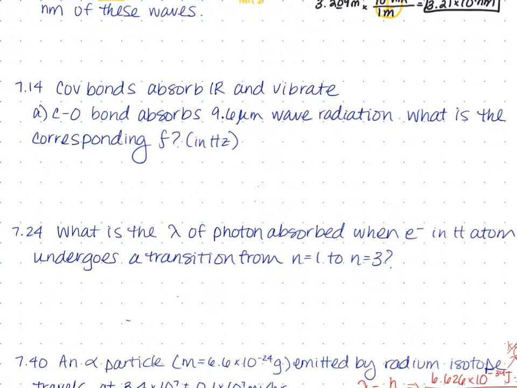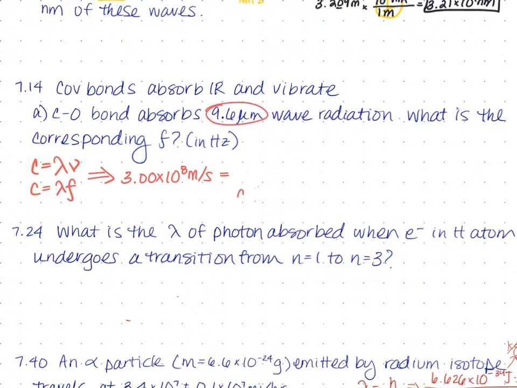Okay, so again, this is utilizing the equation C equals lambda times nu, or C equals lambda times frequency. So I'm going to plug in my known values. C I know is 3.00 times 10 to the 8th meters per second, and that is equal to my wavelength.